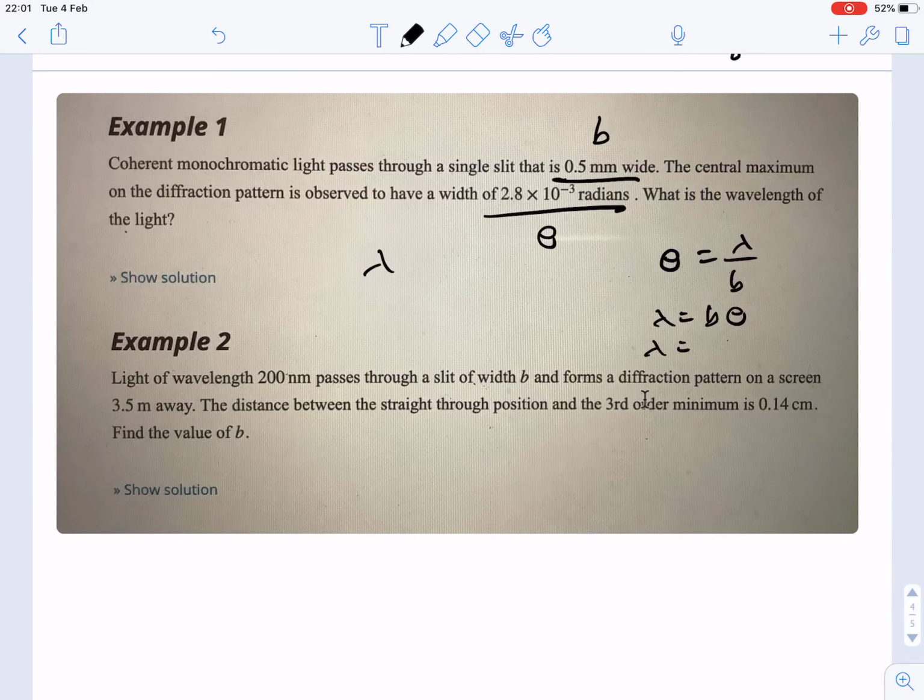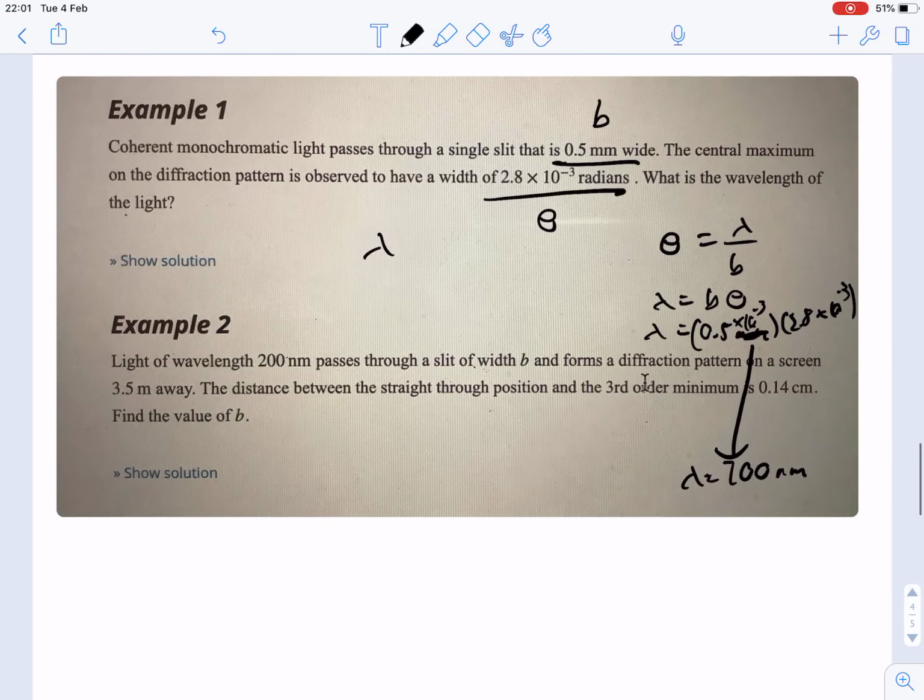That's going to give us 0.5 millimeters times 2.8 times 10 to the negative 3. Don't forget that the 0.5 millimeters is actually 10 to the negative 3 meters as well. And we should have about 700 nanometers if you do that calculation and round that off.